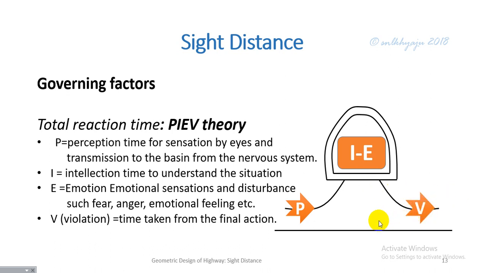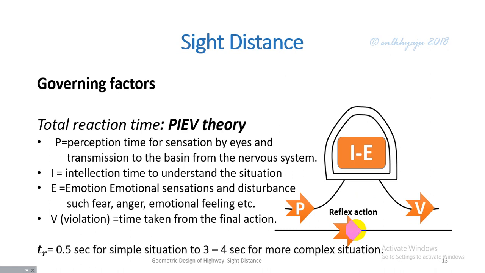Then there is also the next parameter, that is reflex action, that occurs simultaneously. Normal total reaction time is taken as 0.5 seconds for a simple situation to 3 to 4 seconds for a more complex situation.